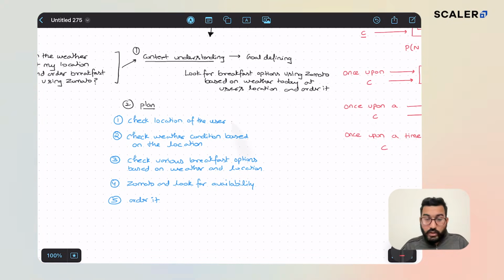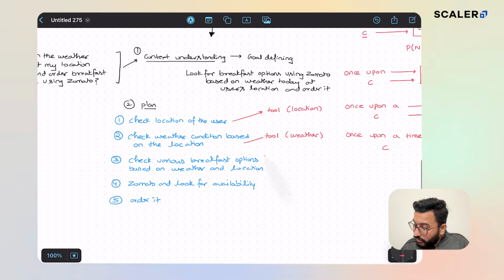Now, in order to execute step number one, ChatGPT needs some external tool which can help ChatGPT with the location information. So some tool which can help ChatGPT with the location data. To execute step number two, ChatGPT again needs a tool which can help ChatGPT with the weather information based on the location.